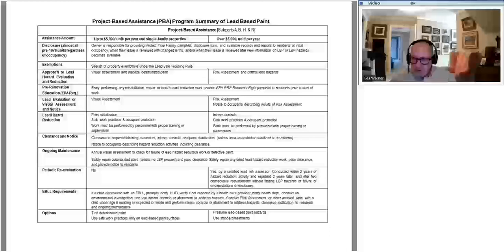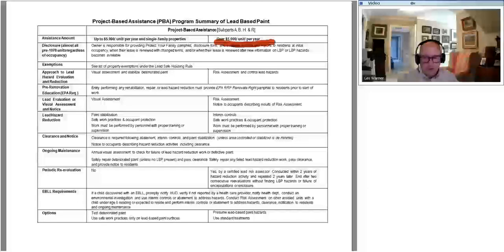So we have a question that's come in. So this person's kind of calculating. If we've got a unit that's receiving $2,000 per month, if you multiply that times 12 to get your annual amount, then your average is going to be above 5,000, and so you're going to be following our more stringent requirements on the right-hand side of our chart here.